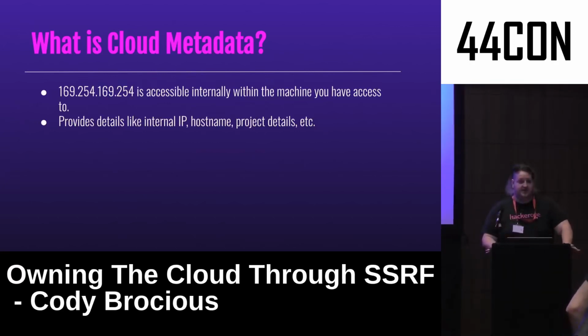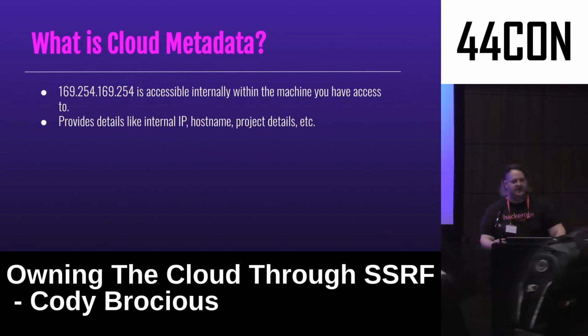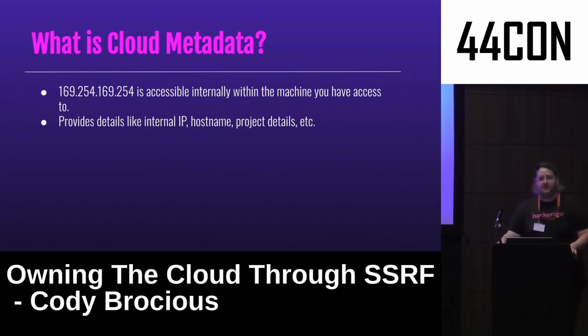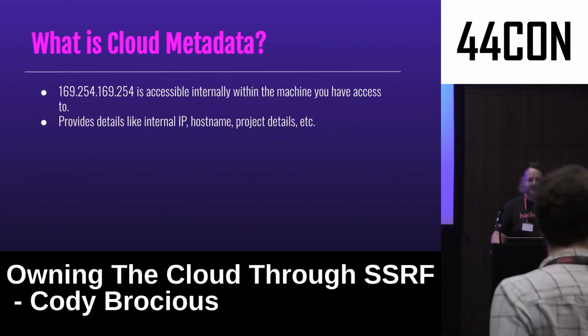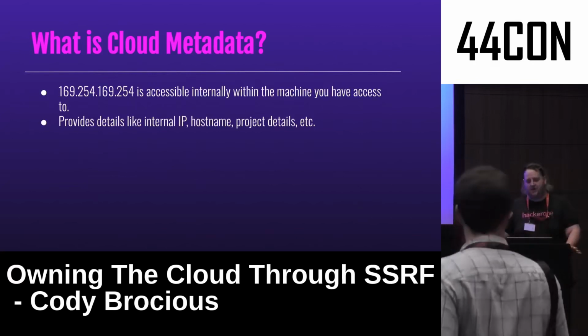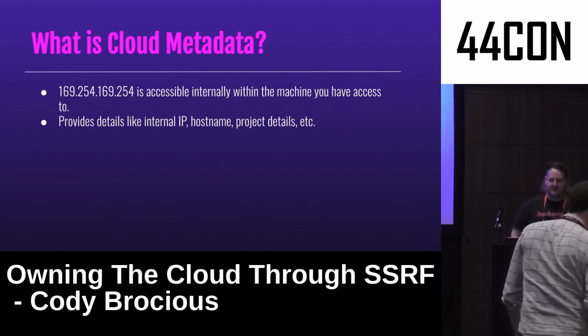It just sits there listening on plain HTTP, and it'll provide innocuous things like what the name of the project is, what the host name of the server is, things like that. It also provides slightly less innocuous things like SSH keys or AWS access keys and secret keys. Pretty much anything that you need to own the project entirely can come straight from the metadata service.